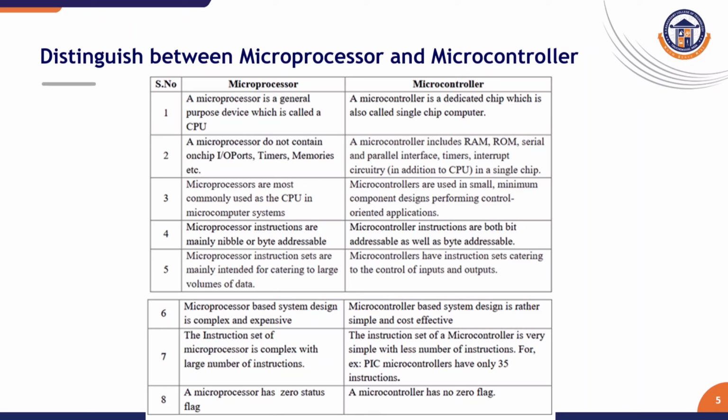Microprocessor based system design is complex and expensive, but microcontroller based system design is simple and cost effective. The instruction set of a microprocessor is complex with a large number of instructions, but in a microcontroller it is the reverse. That is, the instruction set is very simple with fewer instructions.